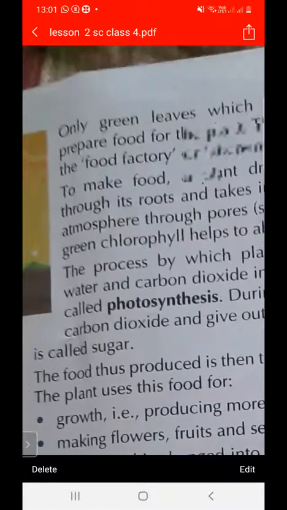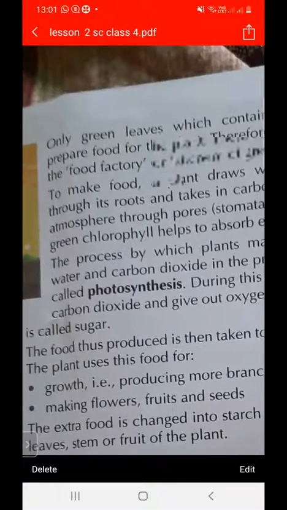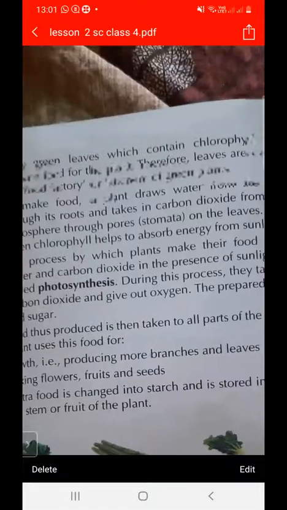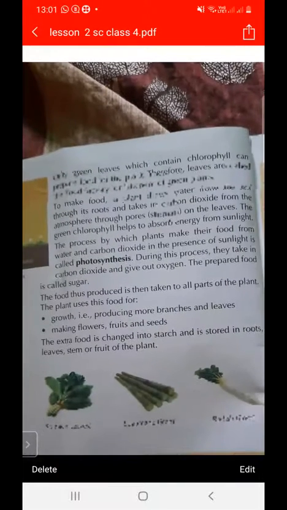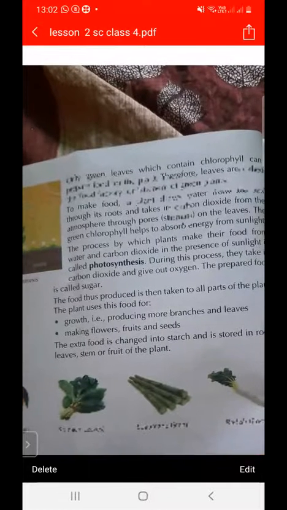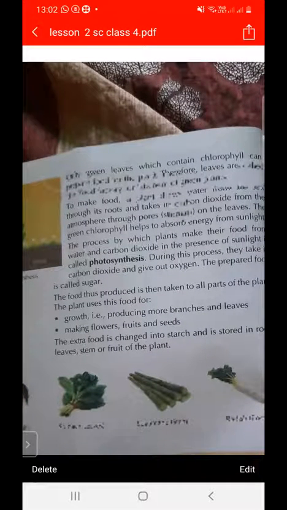Next, to make food, a plant draws water through its roots and takes carbon dioxide from the atmosphere through the pores of the leaves. And what do we mean by photosynthesis? The process by which plants make their food is called photosynthesis. And how does photosynthesis occur?